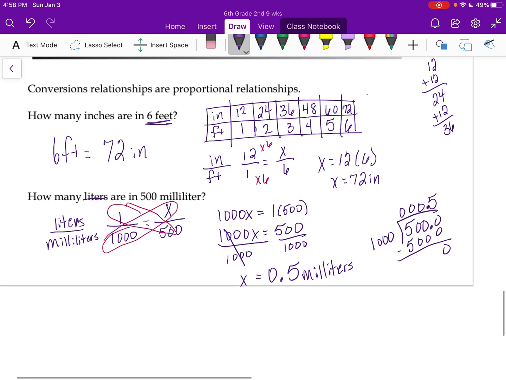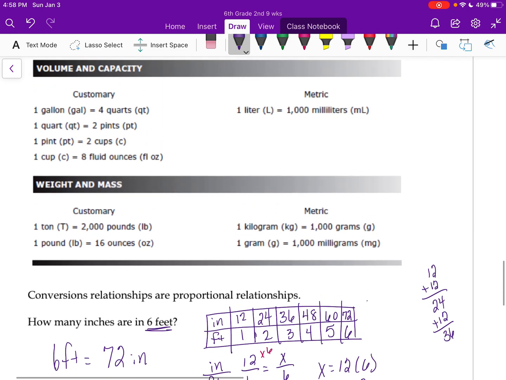There are other ways that you can answer the questions besides setting up a proportion. Sometimes it's intuitive, and some kids are really good at knowing when to multiply and when to divide. It's always going to be a multiplication or division situation though when you're converting. It's never going to be add or subtract, okay? So some kids are really good at knowing which is which, and that's fine.